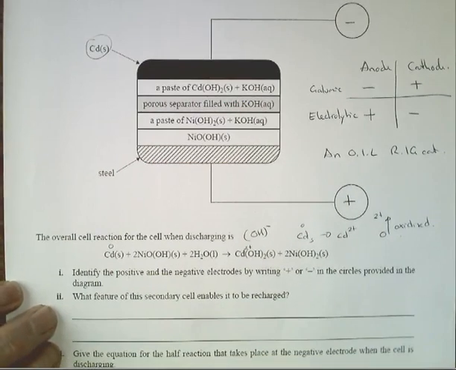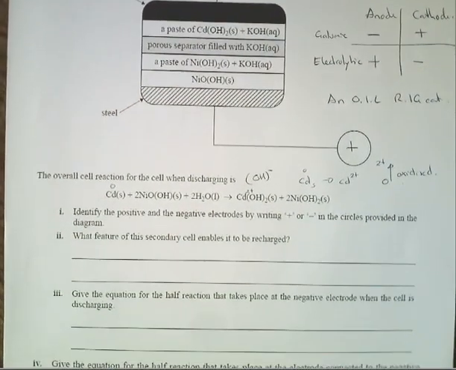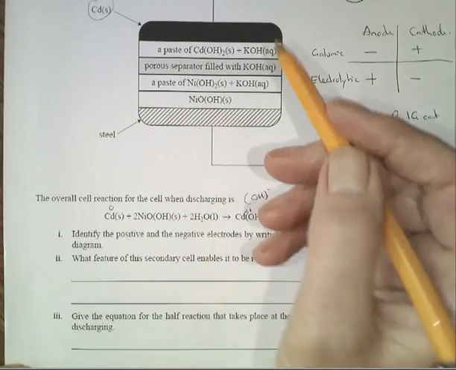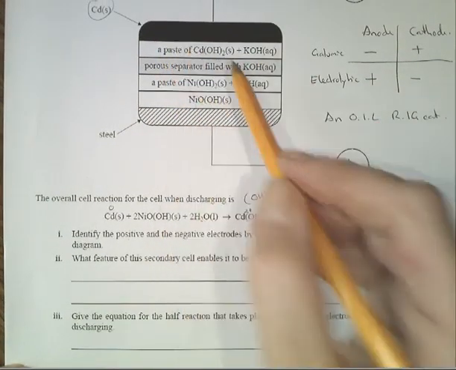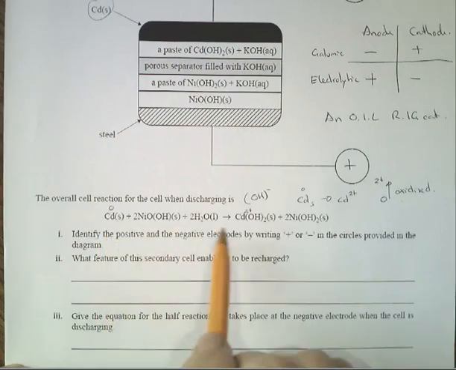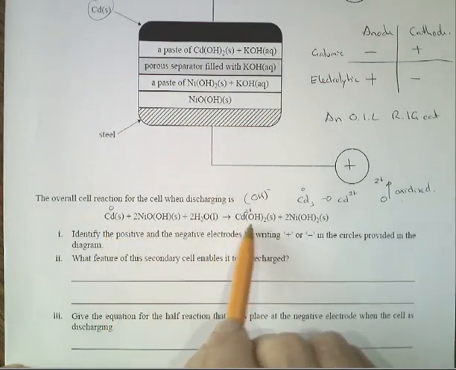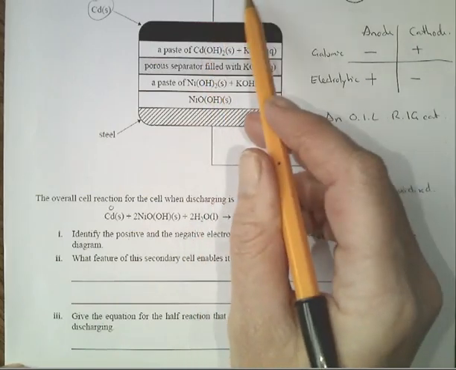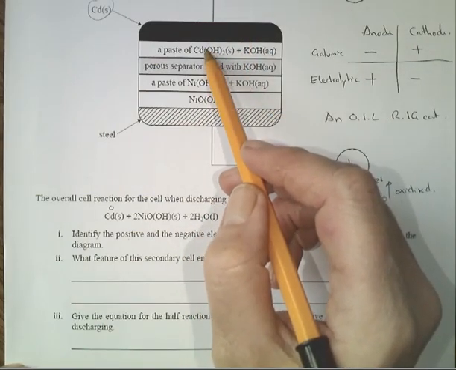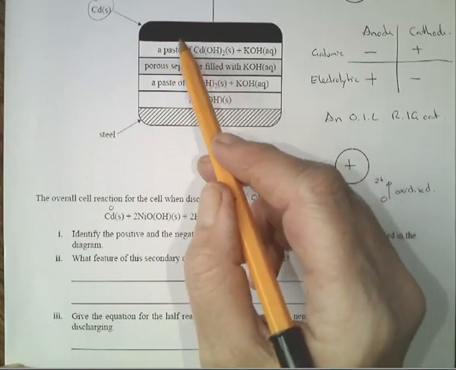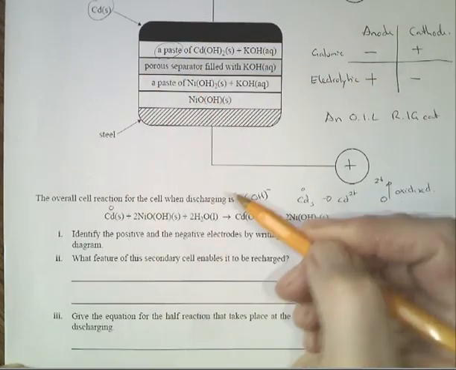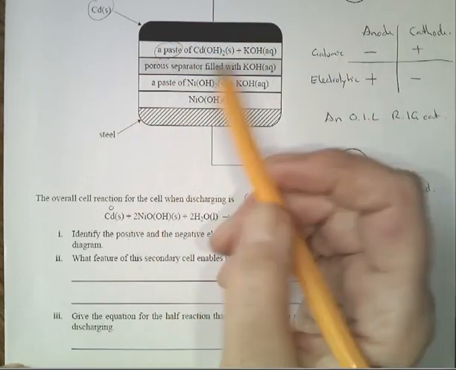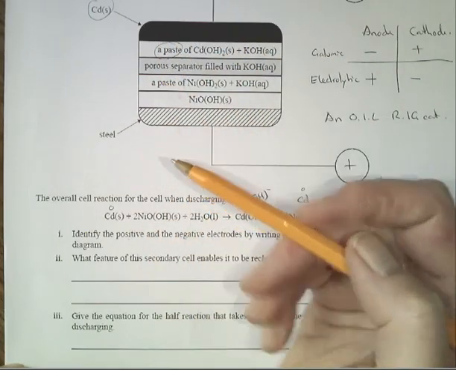So what feature allows it to be recharged? When it loses the electrons here, the cadmium has lost the electrons and becomes cadmium hydroxide. If it's going to be recharged, they have to be given back to that cadmium for it to form the metal again. Cadmium can't disappear, so it has to coat the electrode. In this case, it's making a paste.